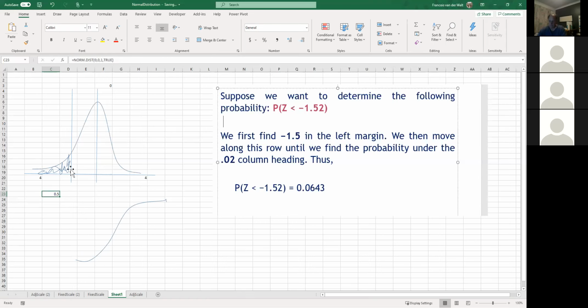Because I've drawn it up, I know the value I expect is much less than 0.5. So it's extremely important that you draw it before you calculate it. I'm saving you a lot of time by not showing you the table lookup and using Excel. This is 6 times faster than any other lookup technique you can dream of.